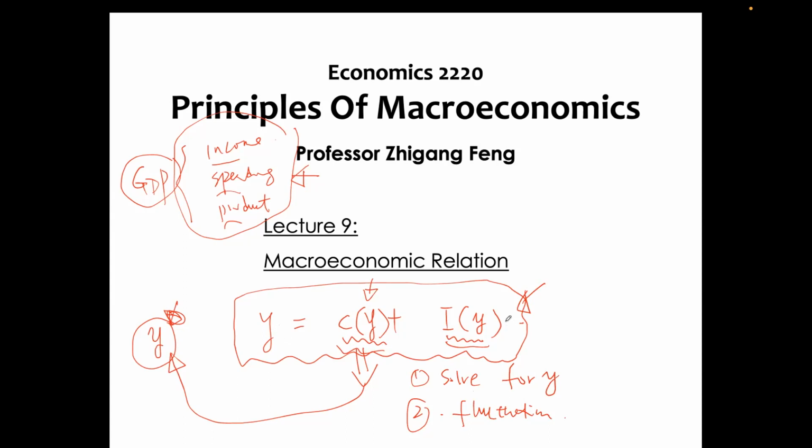To summarize, if we understand this equation, which is the main objective of this and the next chapter, we are going to learn what determines GDP and what causes GDP to fluctuate. So that's the goal for this module.